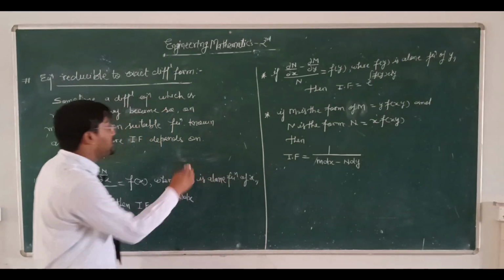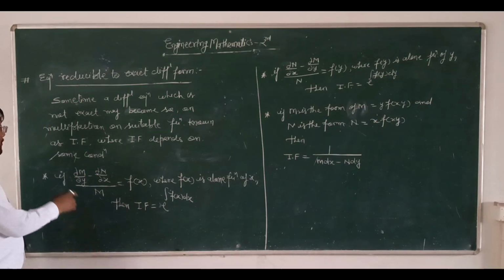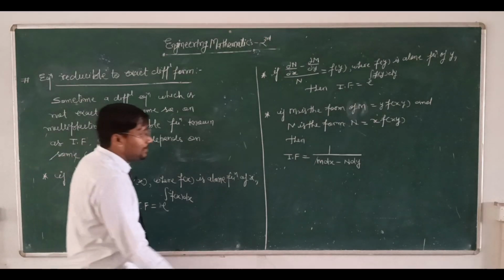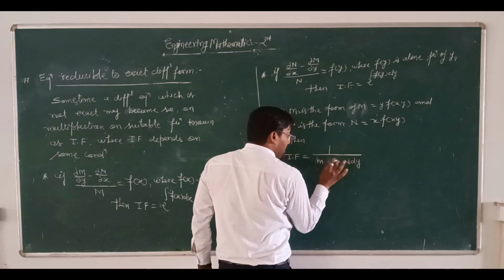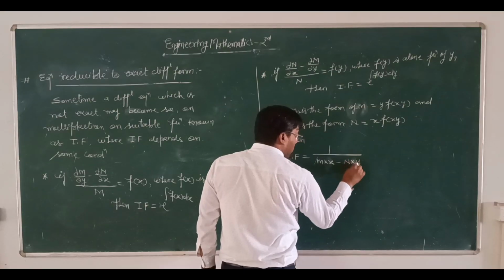This is the three conditions of the reducible to the exact differential equation. First, you can note down, sorry, this is M into x and N into y.